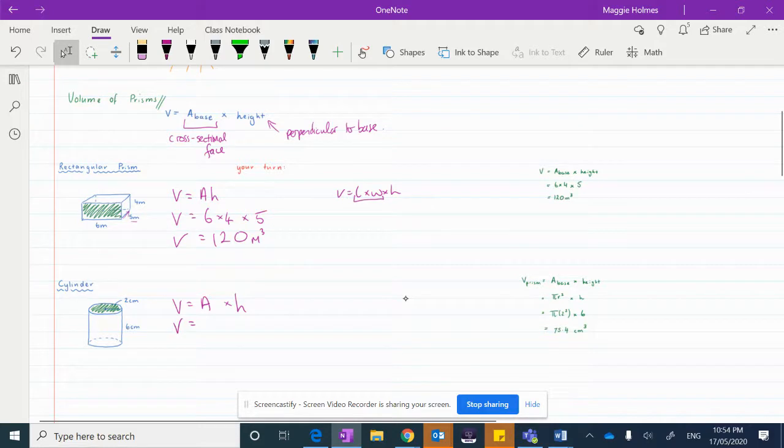The area of our circle is pi r squared, so that's pi times 2 squared, and the height is 6. So that makes 75.4 centimeters cubed.